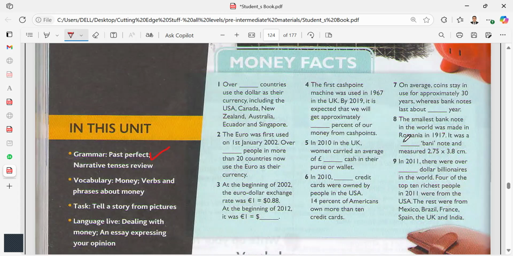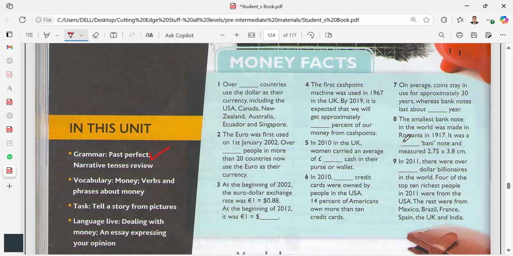The smallest banknote in the world was made in Romania in 1917. It was a 10 Barney note and measured 2.75 by 3.8 centimeters.